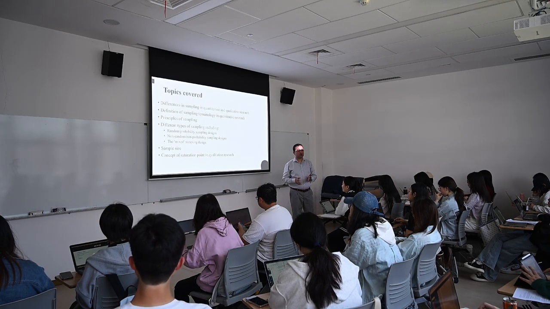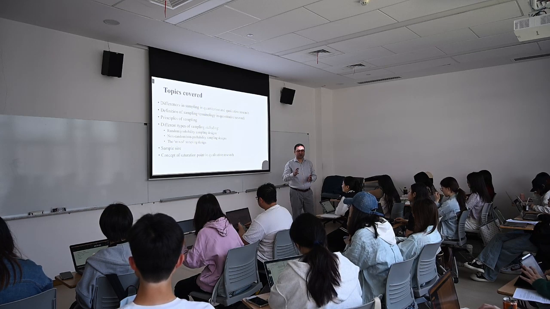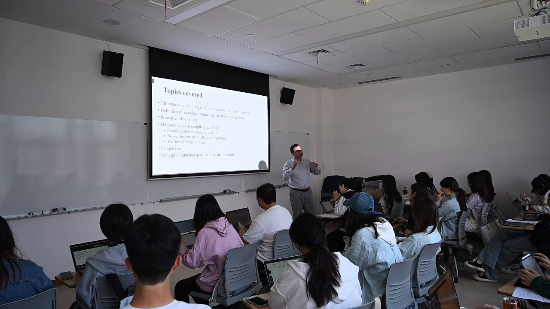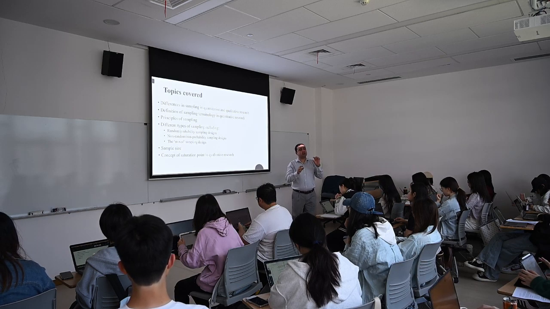For example, if you want to see the average age of the students in this class, most of you have more or less the same age. There will be very little difference.